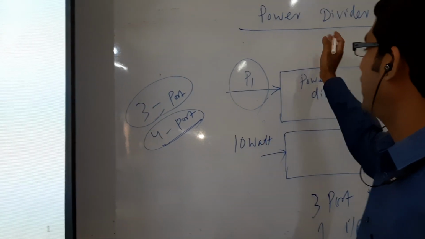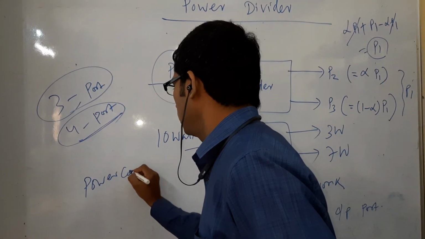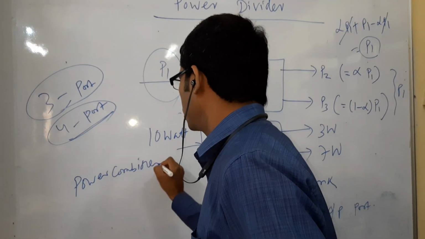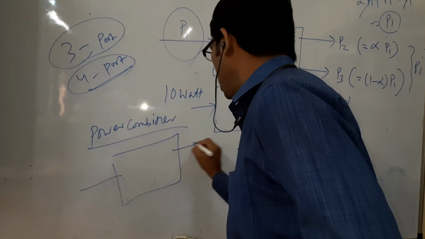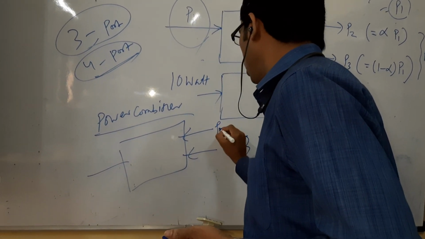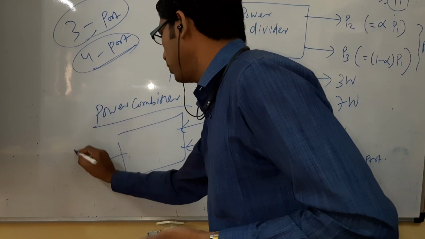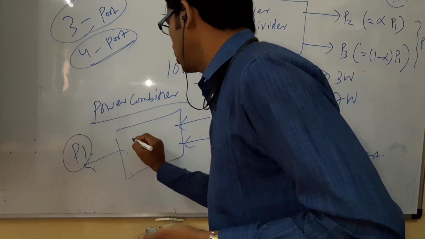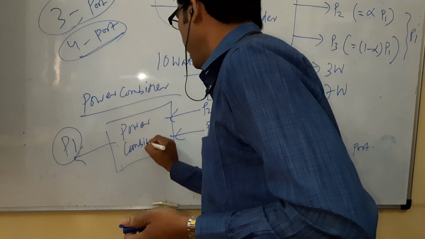Also this power divider can be used as a power combiner. That means you can combine the power also. You give the power at 2 ports, P2 and P3, that will be added and we get the power at P1. So this is called the power combiner.